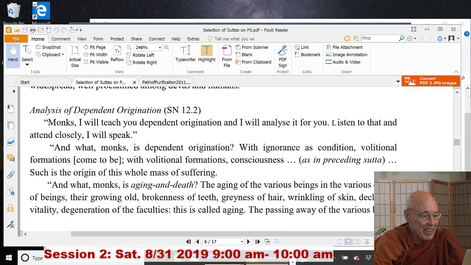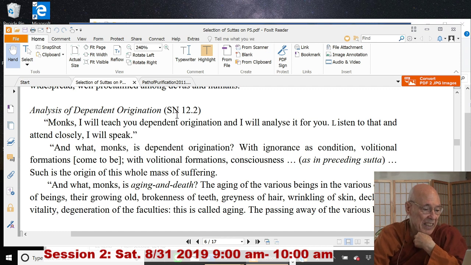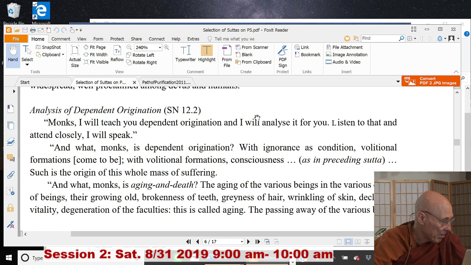So this is the second sutta of the Nidana Samyutta in the Samyutta Nikaya, in which the Buddha says, I will teach you dependent origination and I will analyze it for you. So this sutta is going to show us the meanings of these terms in the sequence of the 12-fold sequence of dependent origination.